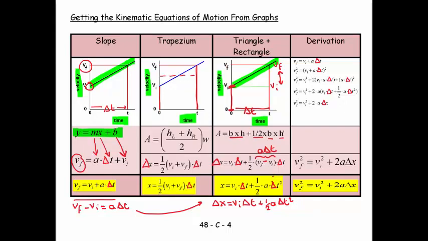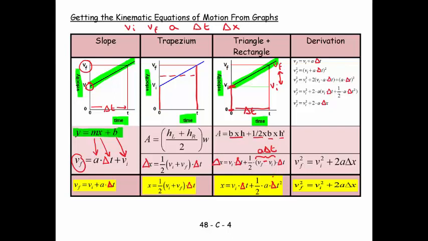We have 4 equations of kinematics, and I want to point something out to you. If you think about it in terms of parameters, we have Vi, Vf, A, delta t, and delta x.